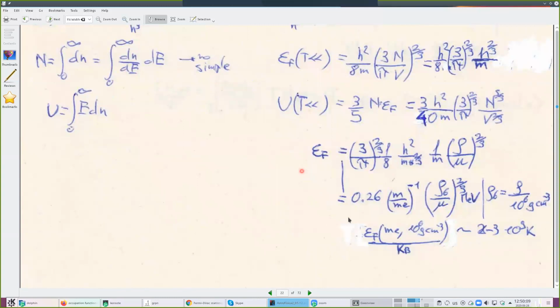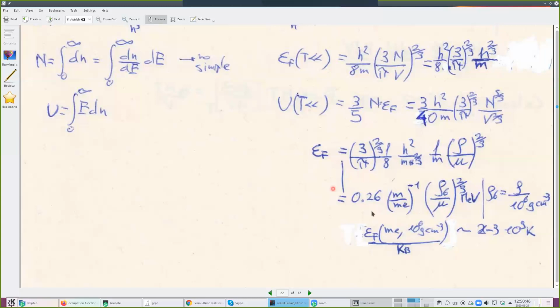Here you can have the approximation for the Fermi energy in general, considering a density in units of 10^6 grams per cubic centimeter, and the mass of the particle in units of the mass of the electron.